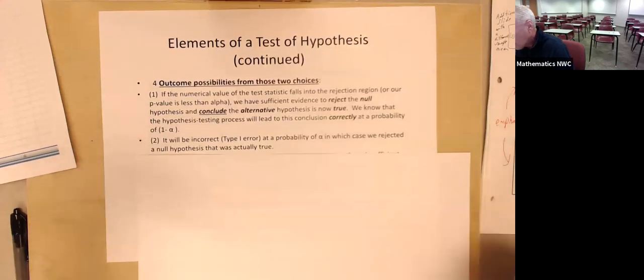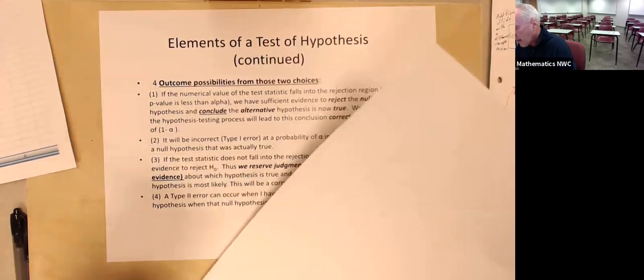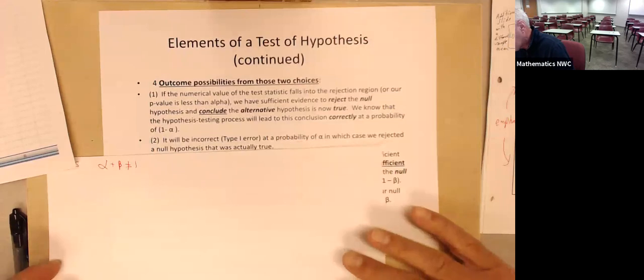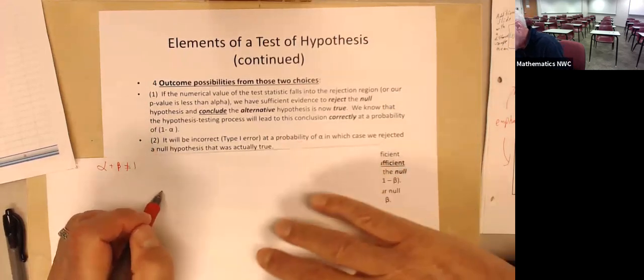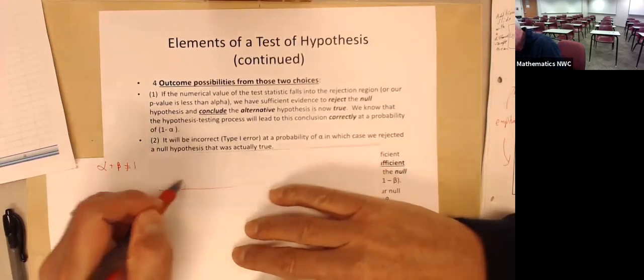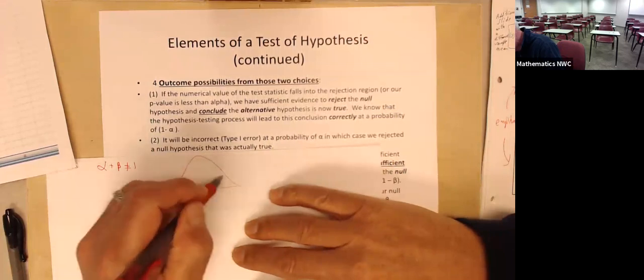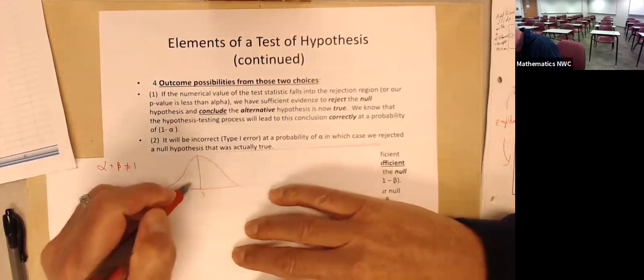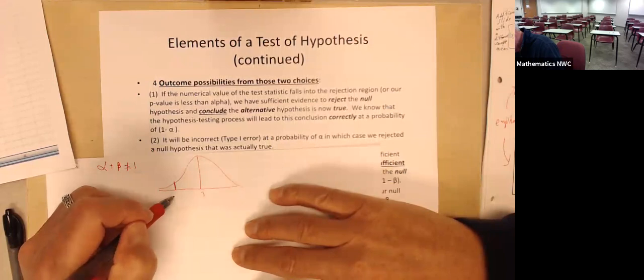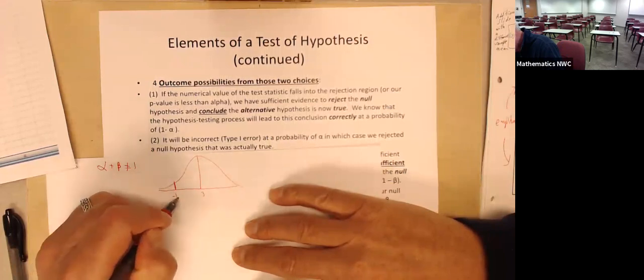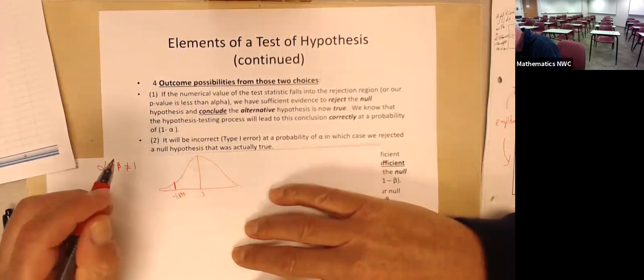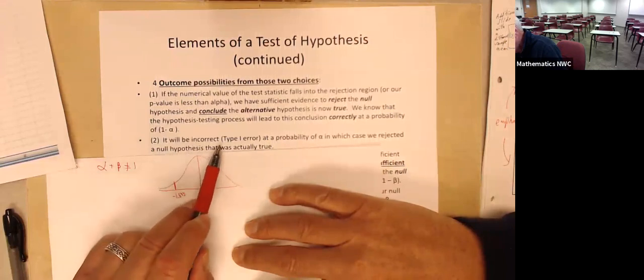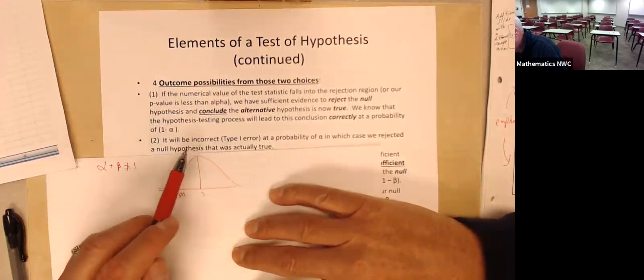Okay, visually, what is going on with that type 1 error? It would look like this. In that previous problem, we were testing against 3. Our line in the sand was over here at a negative 1.645. A type 1 error would occur when this happened.